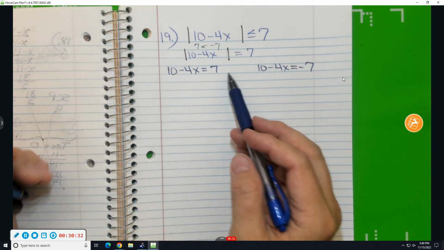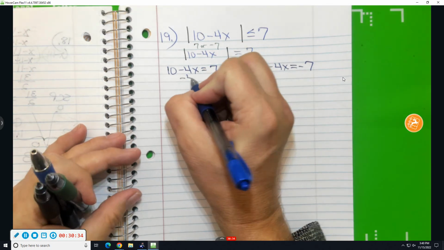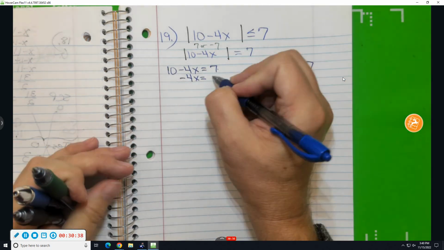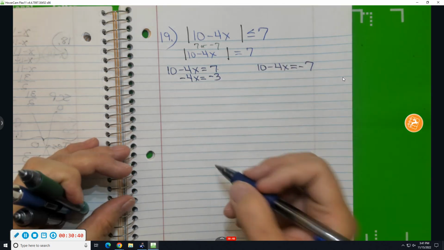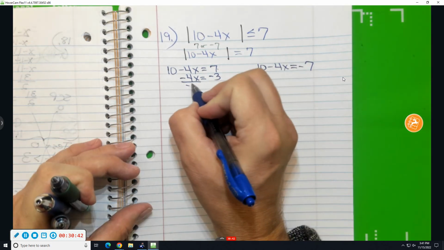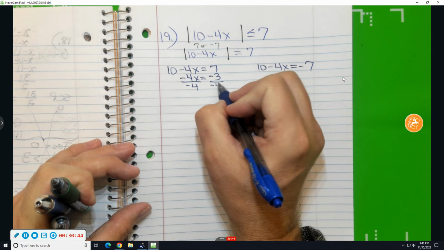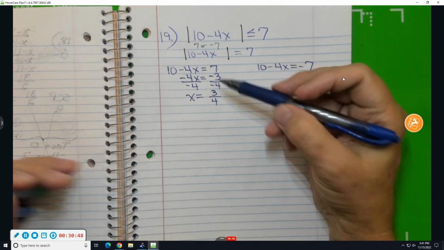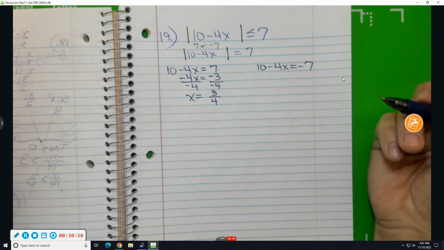Move the 10 over, so that says negative 4x is equal to 7 minus 10 is negative 3. Divide by negative 4 to get x equals 3/4. Negative divided by negative becomes positive.